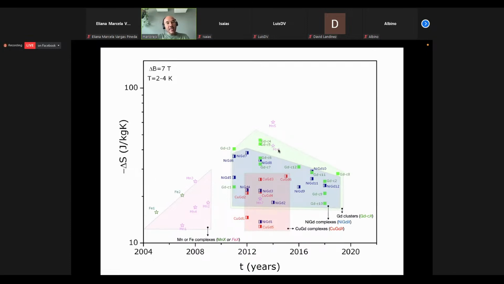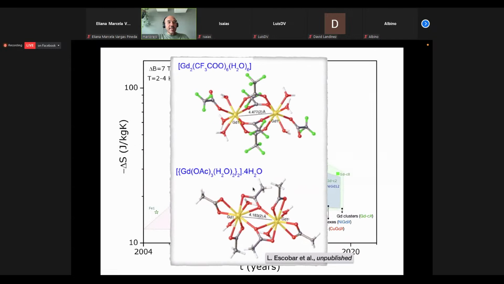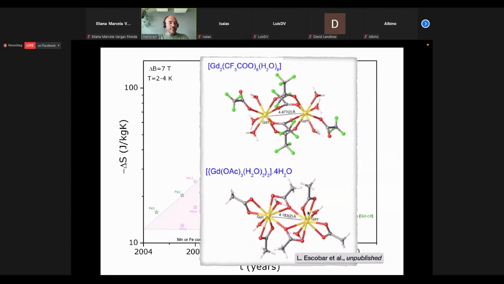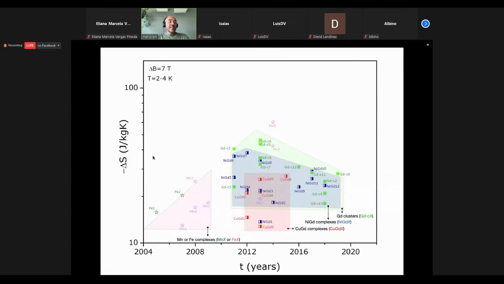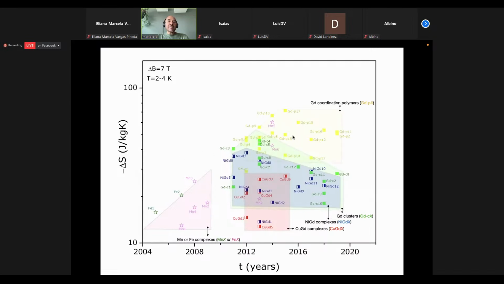Further, around the same years, the community only prepared clusters of gadolinium. And here is an example, a dimer of gadolinium, as I presented before. And in fact, here, these green dots, the average value of entropy change increased. And you can see a further increase on the entropy change, because these yellow dots correspond to chains, polymers, chains of gadolinium.